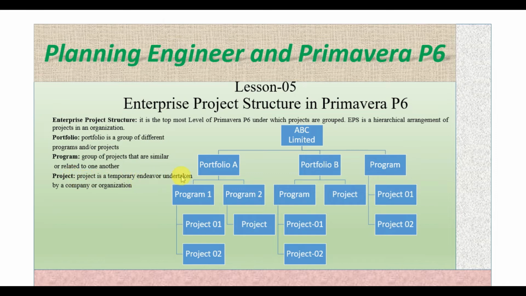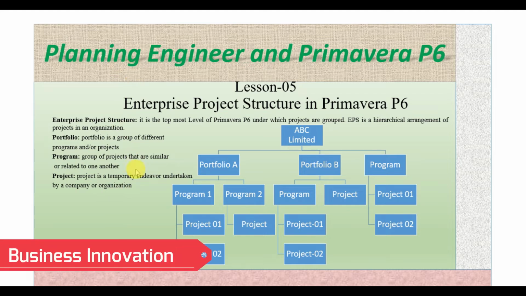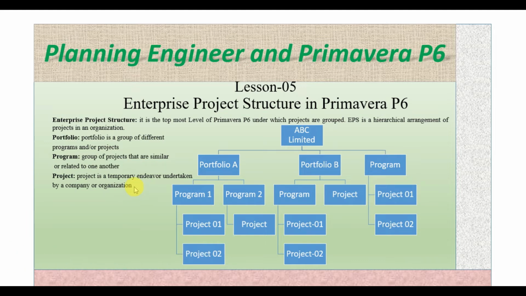And then we have project. Project is a temporary endeavor undertaken by a company or organization. A project is a temporary endeavor, or it's a unique product which an organization or a company will create. Either it can be a service or any building or any community project. So here it is written that we have ABC Limited, and in ABC Limited we have portfolio A, portfolio B, and program.